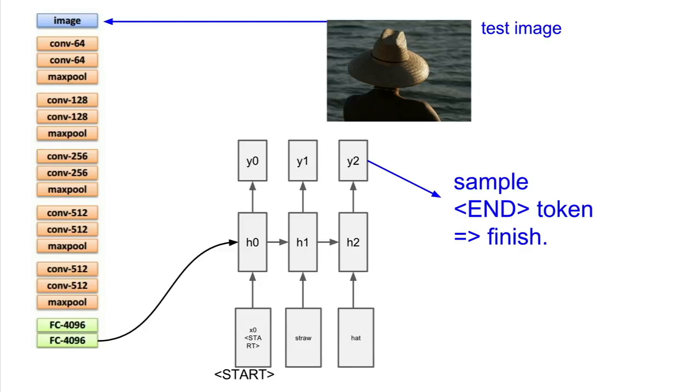Microsoft COCO is probably the biggest and most widely used for this task. But you can just train this model in a purely supervised way, and then backpropagate to jointly train both this recurrent neural network language model, and then also pass gradients back into this final layer of the CNN, and additionally update the weights of the CNN to jointly tune all parts of the model to perform this task.